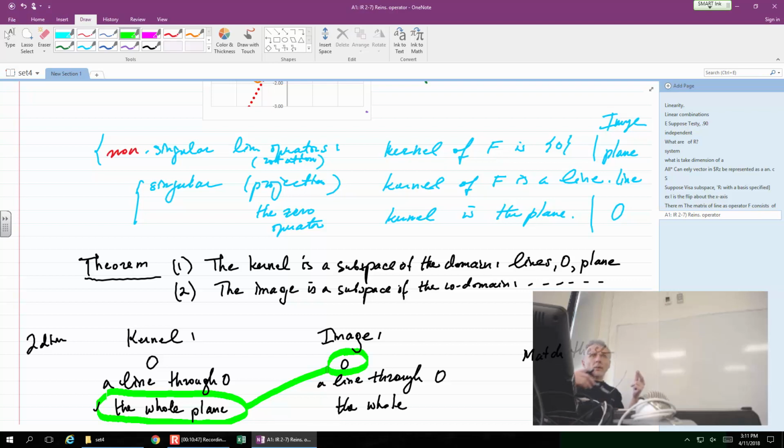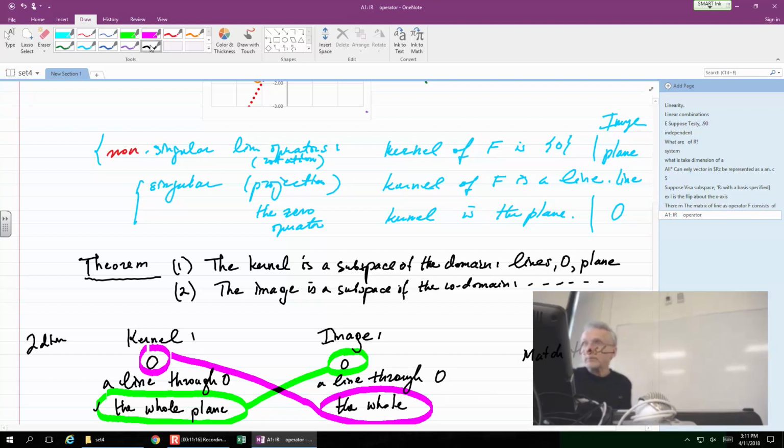Because if they were, then you can create a linear combination of them, and that vector which is not 0 will go to 0, right? So that's part of the discussion that we had yesterday. Frankly, it would require some extra justification, an actual proof. But this is the match.